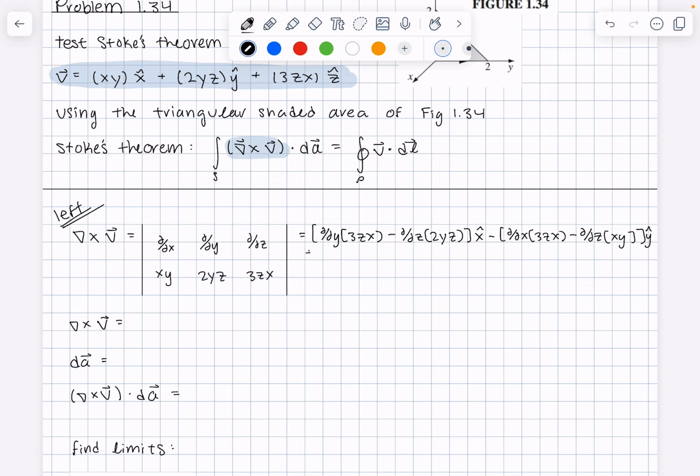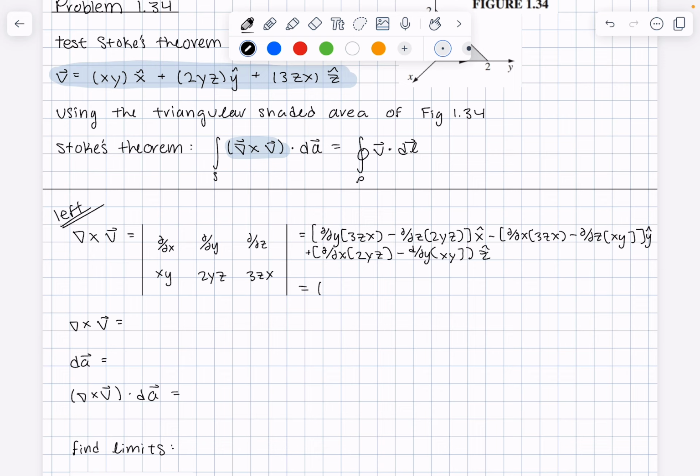And finally, we will add the z-hat component, which will be the partial with respect to x of 2yz minus the partial with respect to y of xy in the z-hat direction. And we can simplify that. The partial derivative of 3zx with respect to y is 0.